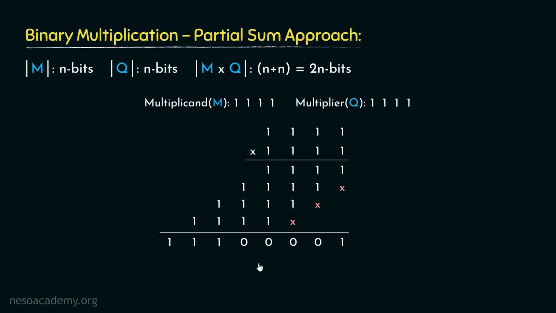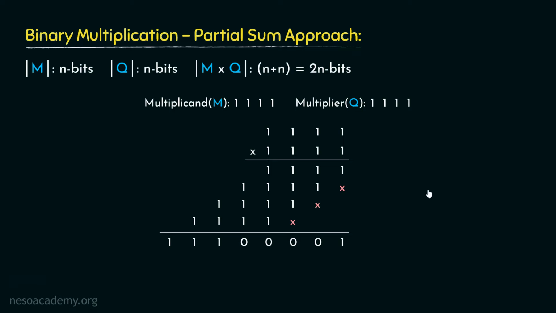Now observe the placements of the ones. 128 plus 64, that will give us 192. 192 plus 32 will result in 224. And 224 plus 1 will result in 225. So yes, performing the multiplication of 4 bits, that is two 15s, we are getting the answer as 225.